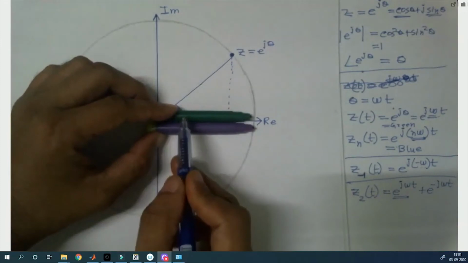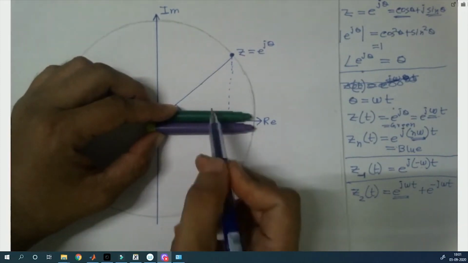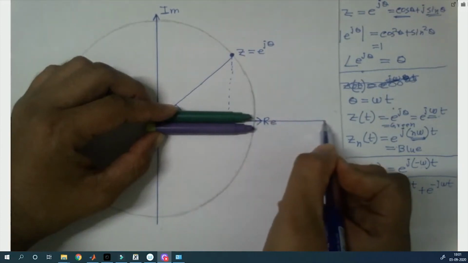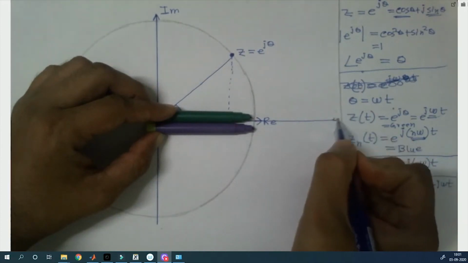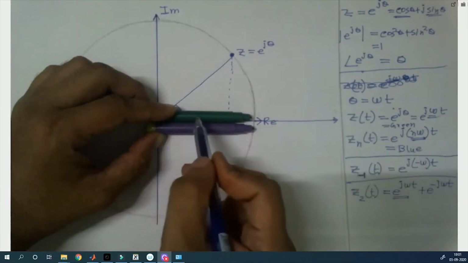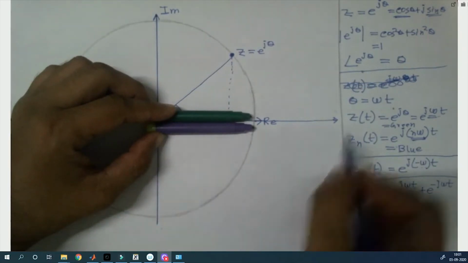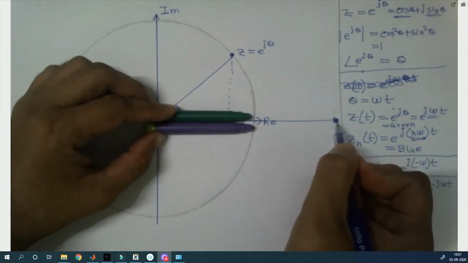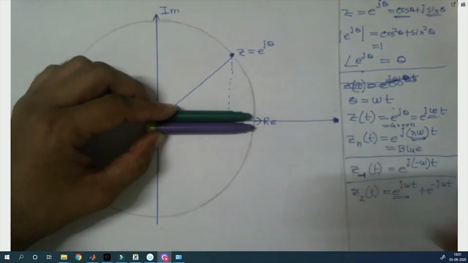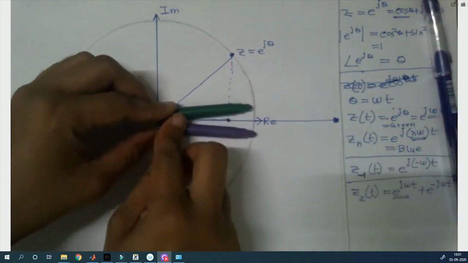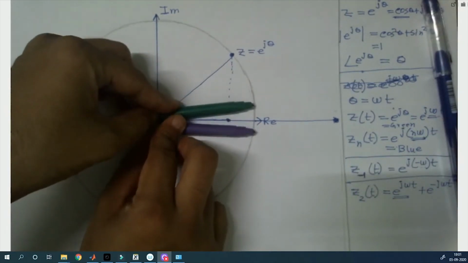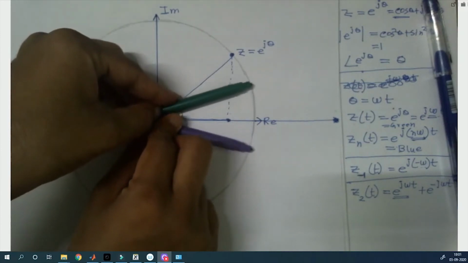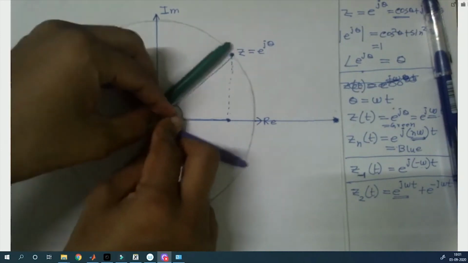If you add these two vectors, then you will get a number which is twice of them individually, which will be somewhere here, but that result will definitely be a real number. And then as time increases, green pen goes anti-clockwise, blue pen goes clockwise.